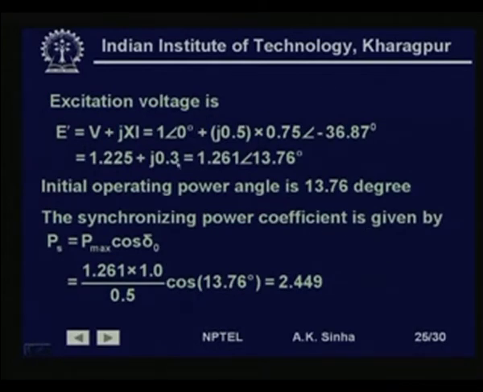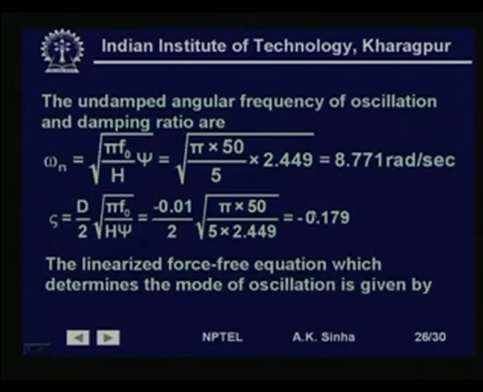The excitation voltage, again the same thing, is 1.261 with an angle of 13.76 degrees, that is the initial operating point. Now, the synchronizing coefficient in this case is again 2.449, the same as the earlier case.